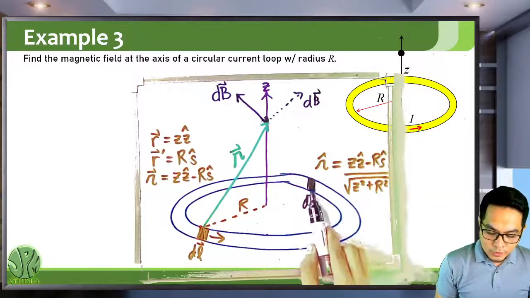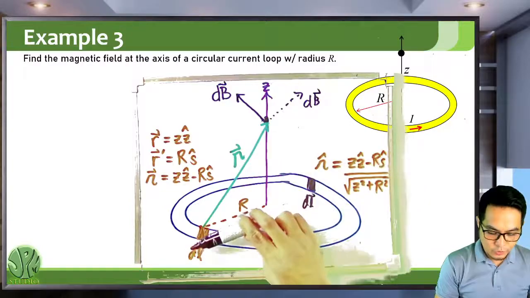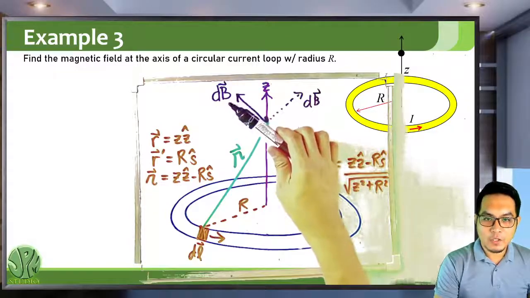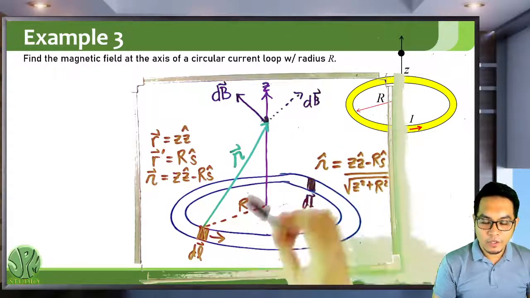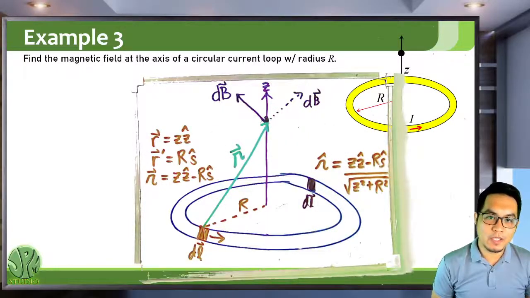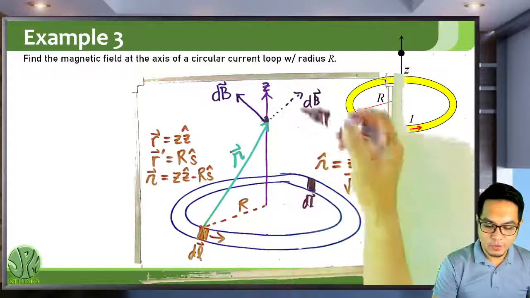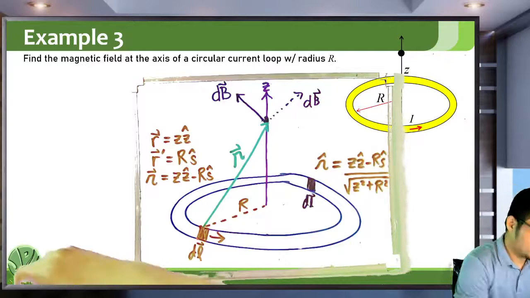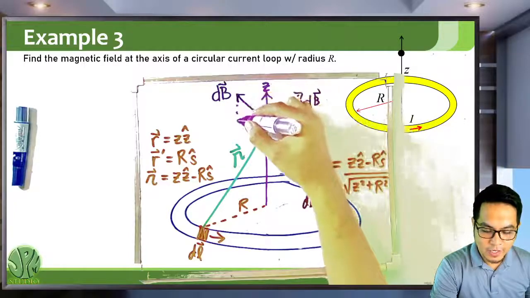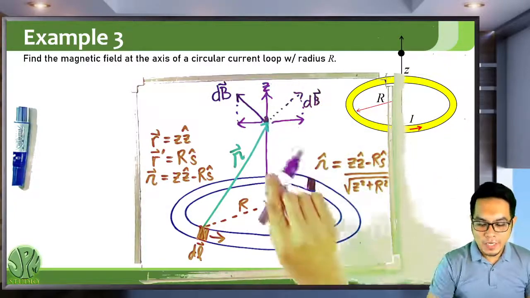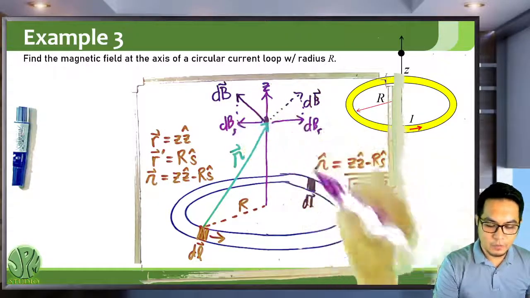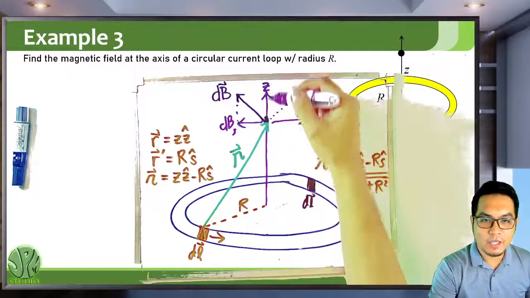Now, the s components of these two magnetic fields, due to these two opposite dl's, will actually cancel out due to symmetry. Only the z component will remain. So this is the s component of this first magnetic field, and this is the s component of this other magnetic field. And these two s components, dB_s component, dB_s component, will actually cancel each other out, and only the z component will remain.